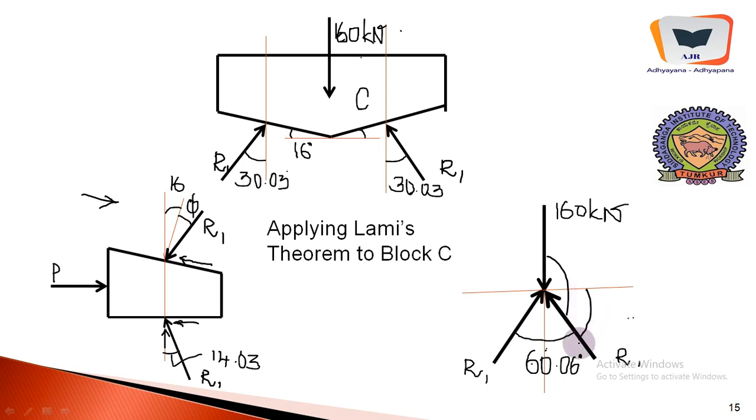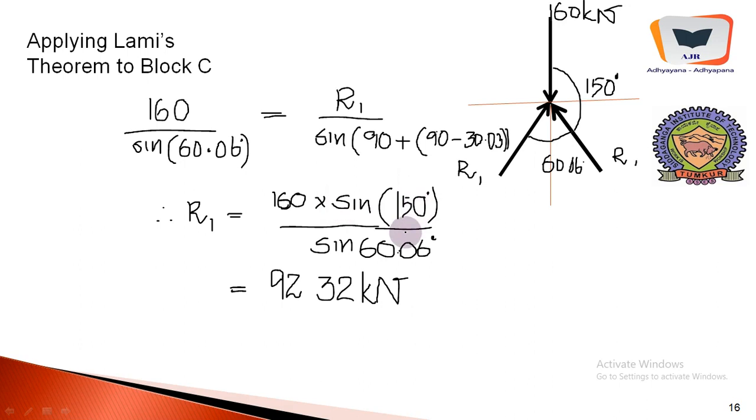This is the angle, that is added, and what we get is sin 150 degree almost. So R1 equals 160 into sin 150 degree divided by sin 60.06 degree. It will fetch us an R1 value of 92.32 kilonewton.